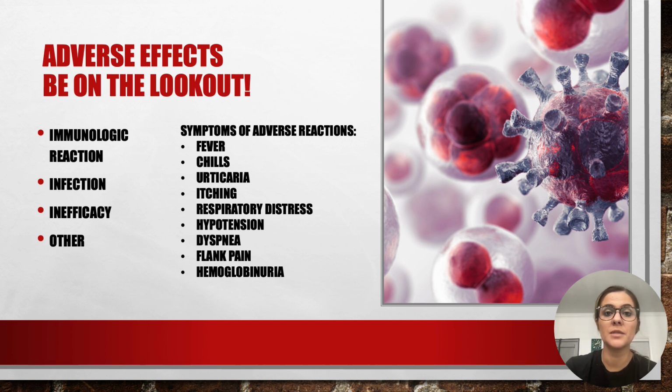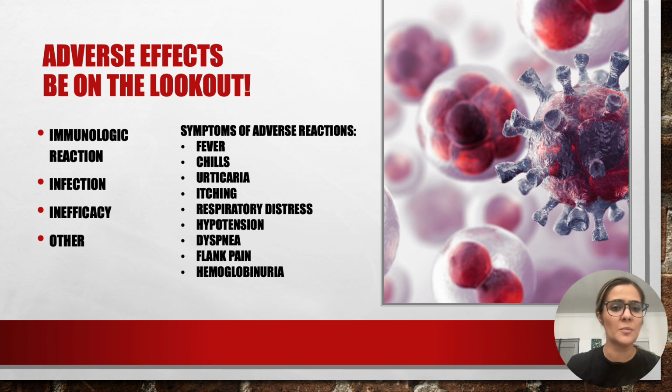Adverse effects. Being on the lookout for this is extremely important. You have immunologic reactions to be on the lookout for, infectious reactions, and inefficiency. The blood product might not help at all, is what that means. And then you have other reactions. So what does that look like?